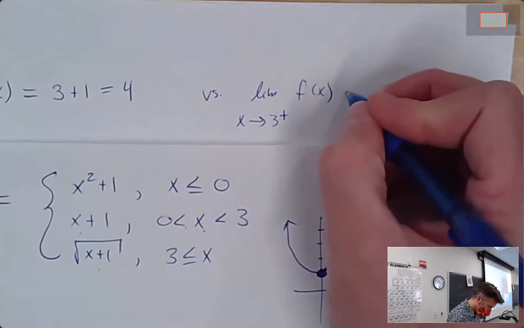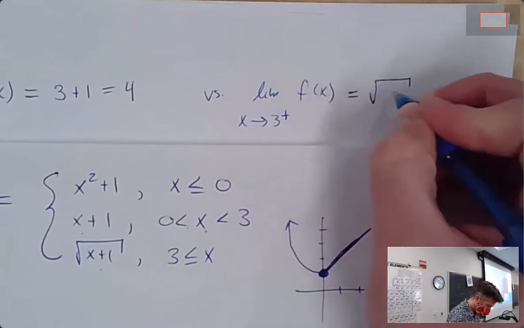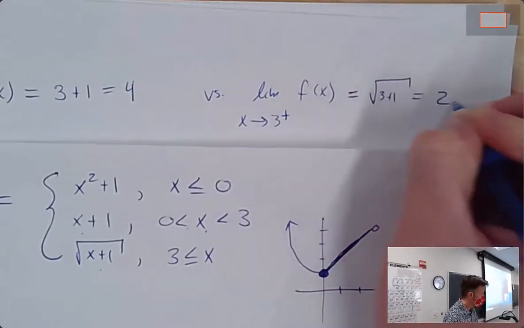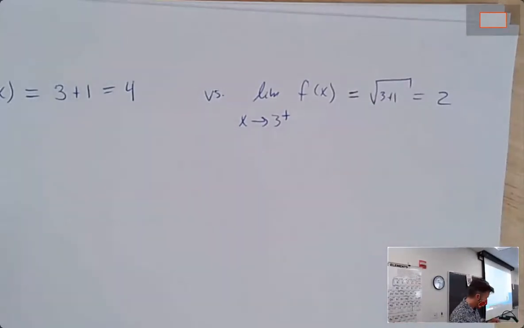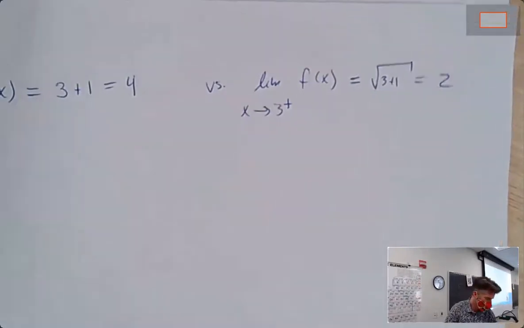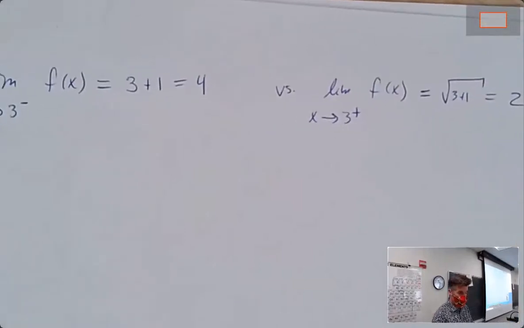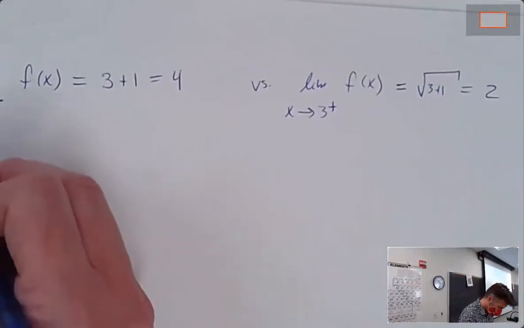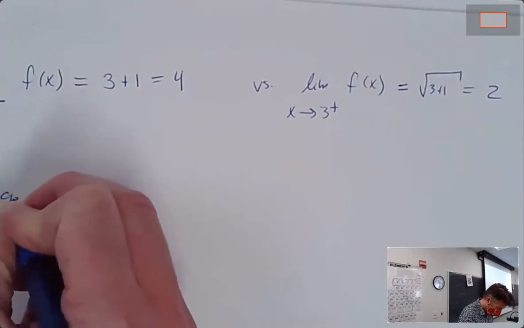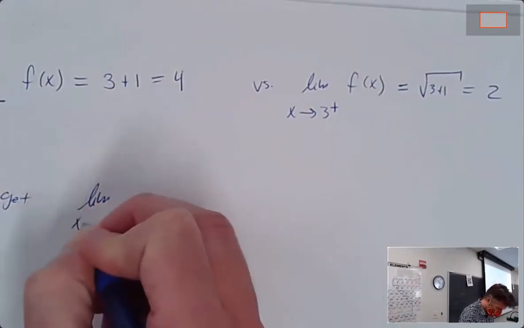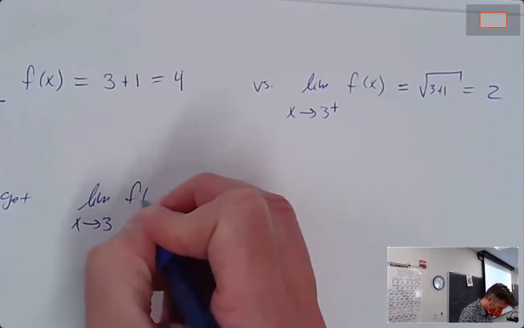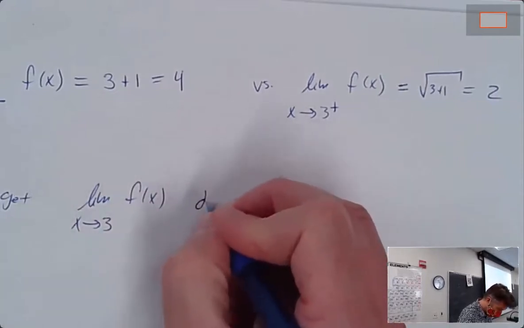And so that's going to be essentially the square root of 3 plus 1, which is 2. Thanks. So, since the left-hand limit and the right-hand limit are not the same, we get the limit as x approaches 3 of f of x does not exist.